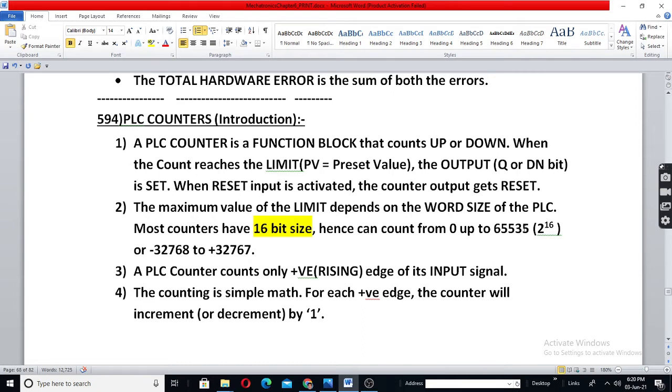When 0 is included, it is 65,535. Or if we use negative numbers also, then this range will be divided into negative as well as positive. So for a 16-bit counter, it will be so much.